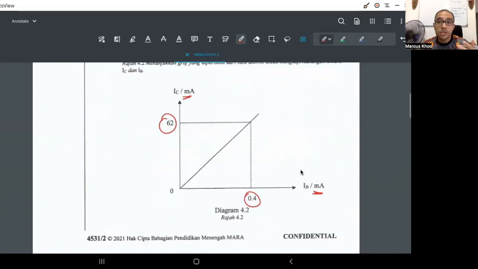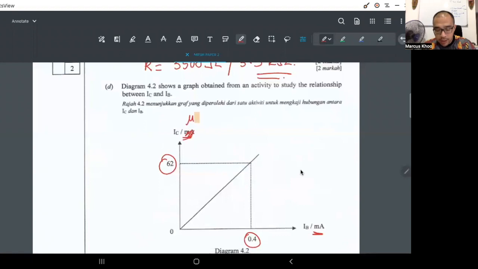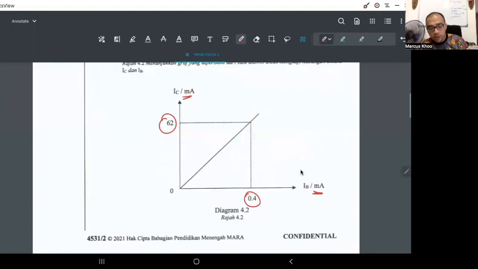Sometimes we can get a graph where on top they use microampere and at the bottom they use milliampere. When that happens, you have to change it all to ampere. So in this case, if you don't want to change the milliampere, you know that this is 0.4 and 62.